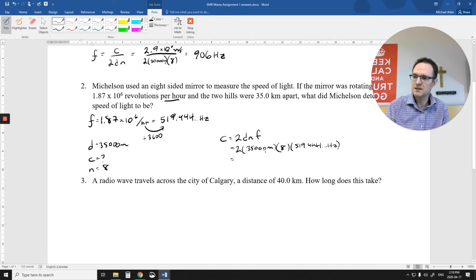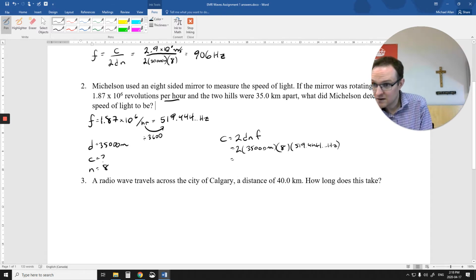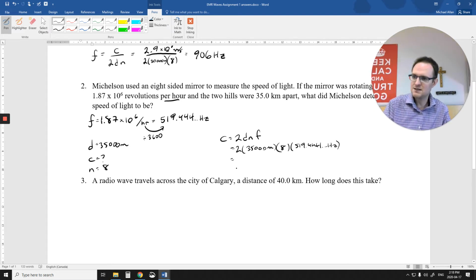If you look at the units, that's going to be meters per second. So that does end up in speed. We get that same number from the previous question, 2.91, I'll go 3 sig digs, times 10 to the 8 meters per second.